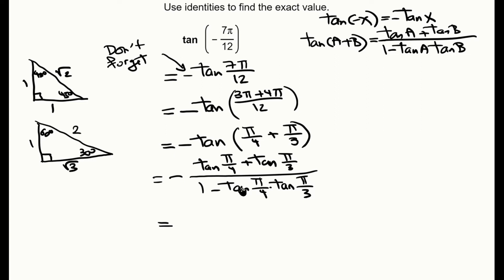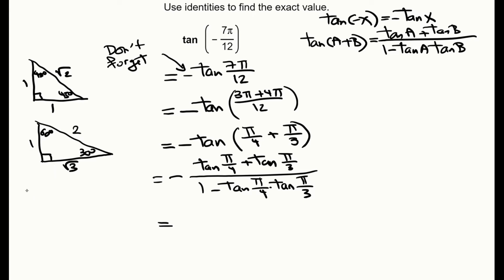So from this figure, you can tell that the tangent of pi over 4, which is the same as the tangent of 45 degrees, will be 1 over 1, opposite over adjacent. And for 60, we can see it'll be square root of 3 over 1, opposite over adjacent.